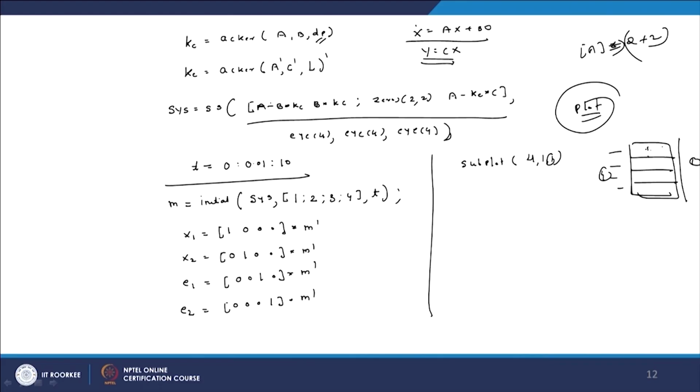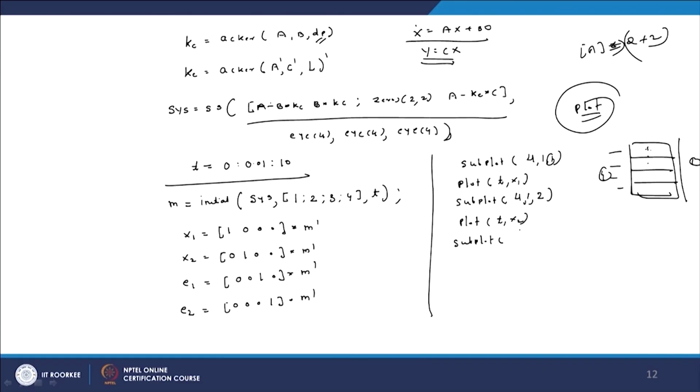So, where we will get the graph, we write the command plot t comma x1. Now, we have got the response of x1. Now, about x2, we write the command subplot with 4 rows, 1 column, and this position is second. So, we write 412 plot t comma x2.